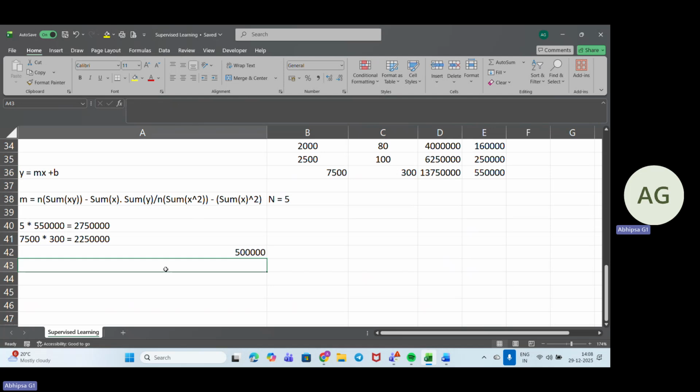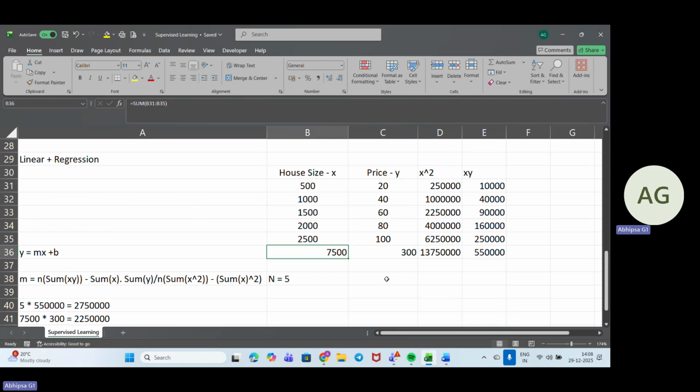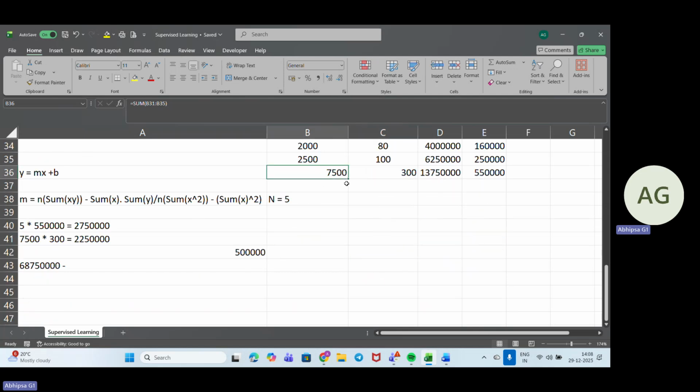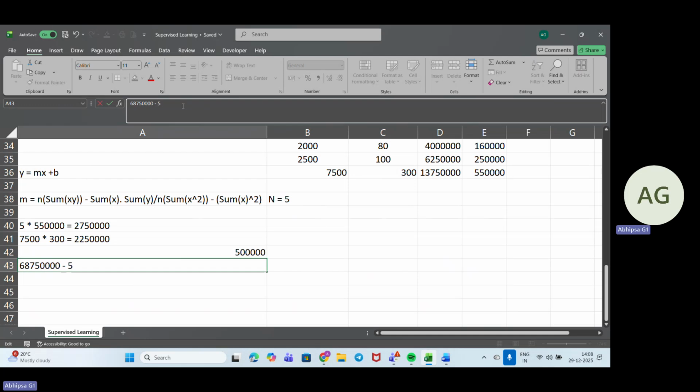So that would be giving us 6,875 with 4 zeros, and we are doing the square of 7,500, that is giving us the value as 625 with 4 zeros.